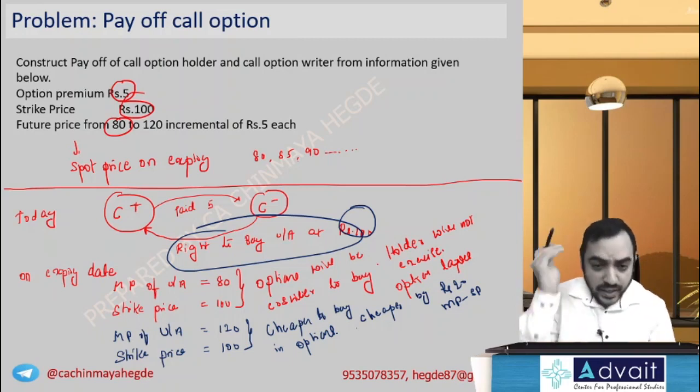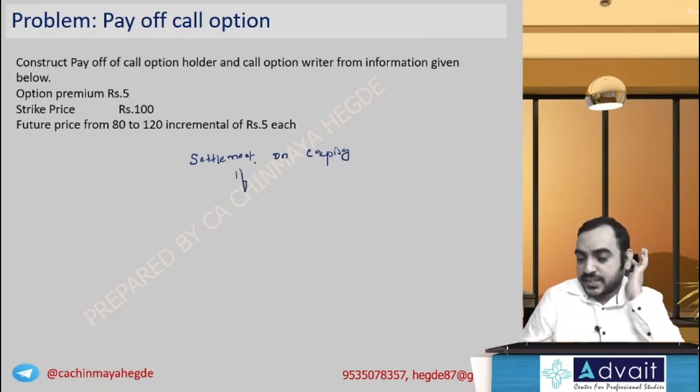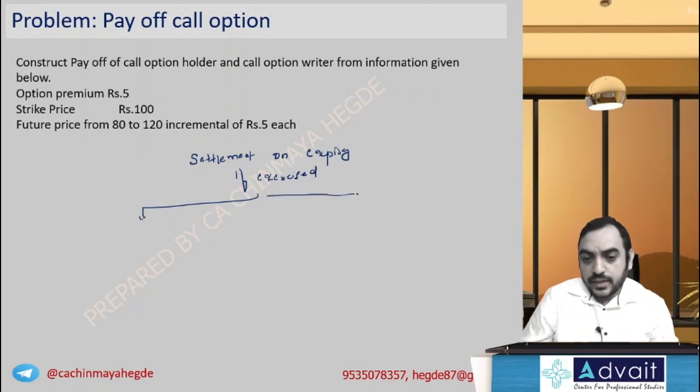If you want, I'll do a quick chart for you so you remember that. Settlement on expiry. If exercised; if not exercised, this question does not arise. If exercised, then it can be settled on delivery basis or settled on net basis.